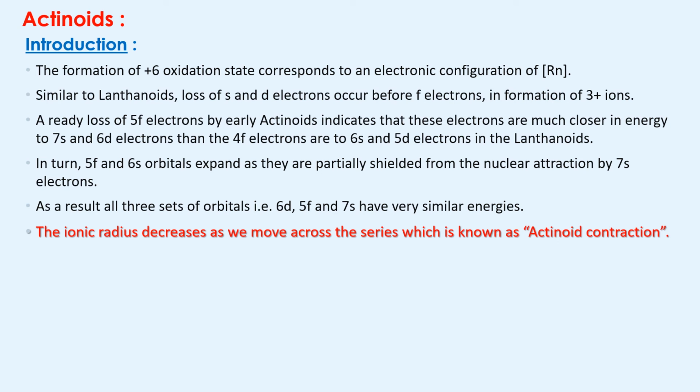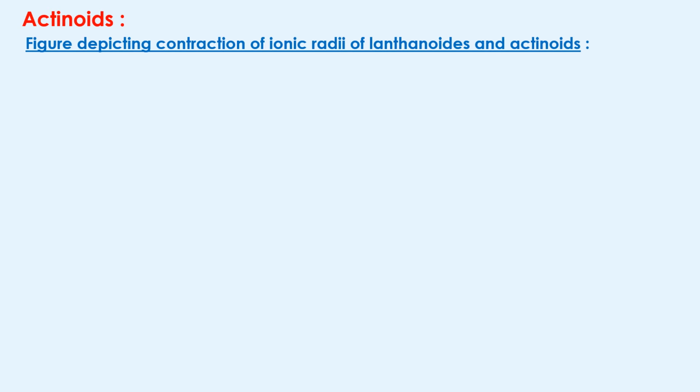So all three sets of orbitals have nearly similar energy, and the ionic radius decreases, which is known as actinoid contraction. This is attributed to the poor shielding offered by f electrons. Next we start with the figure depicting the contraction of ionic radii of lanthanoids and actinoids that we have to see here.